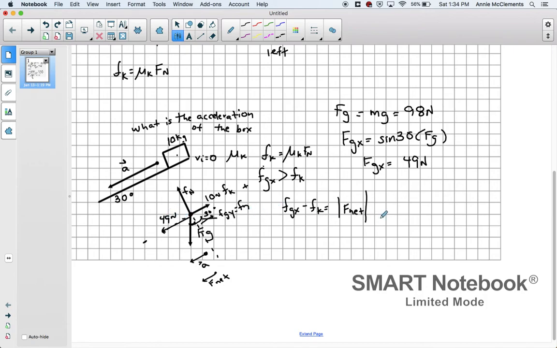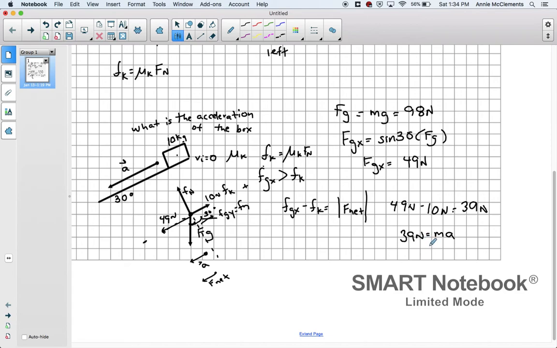So then if we look at this equation here, 49 newtons minus Fk, which was given as 10 newtons, the F net is going to be 39 newtons down and to the left, in this direction, down the ramp. So if we want to know the acceleration, we just plug in 39 equals mass times acceleration.